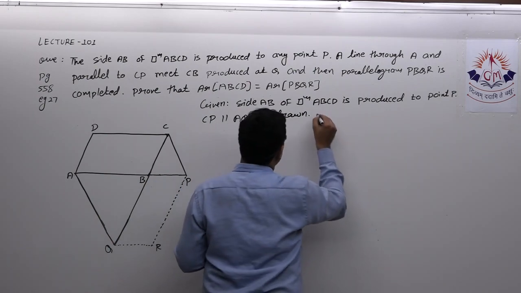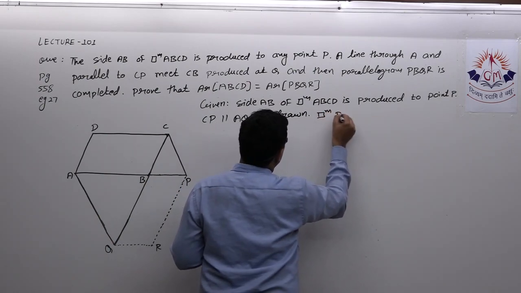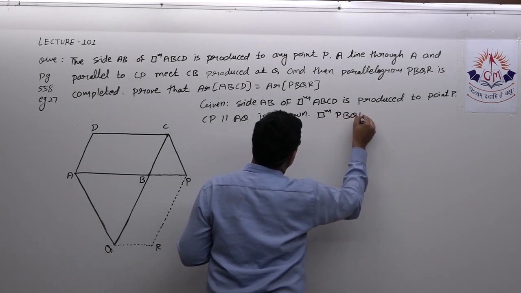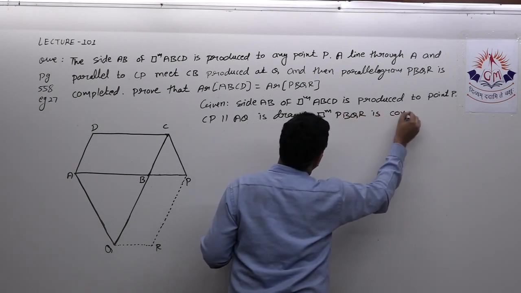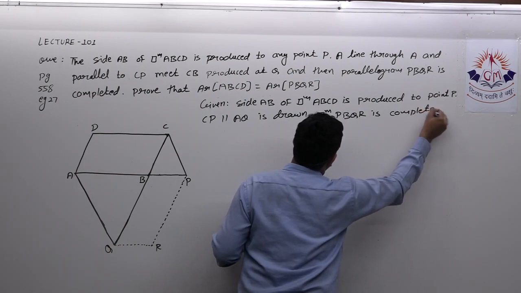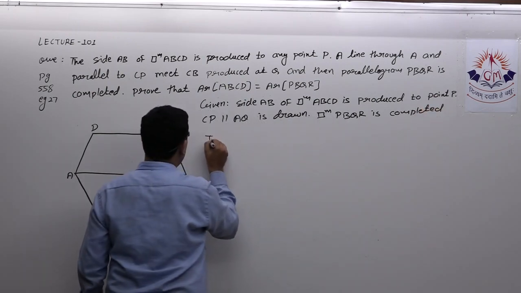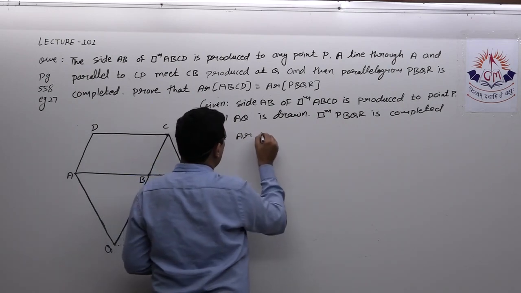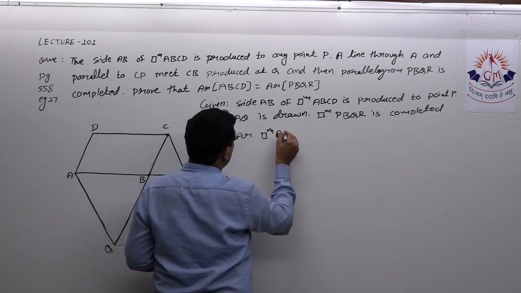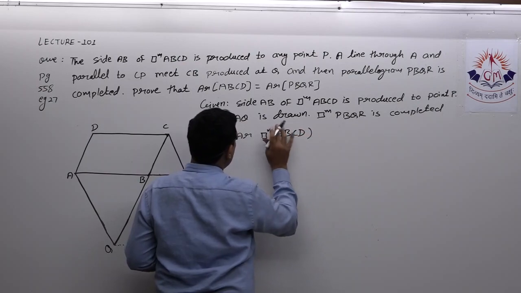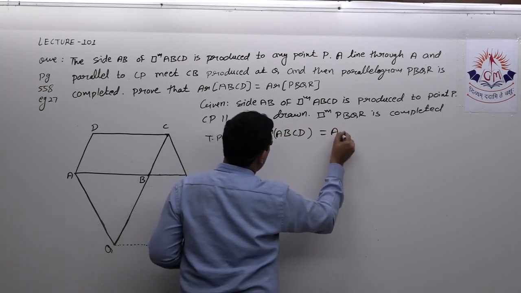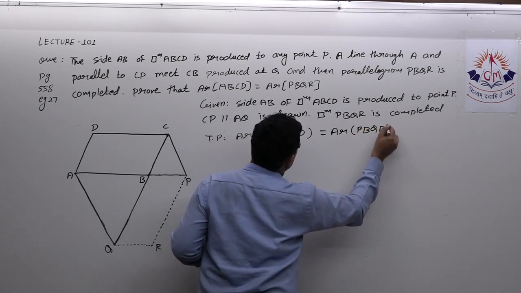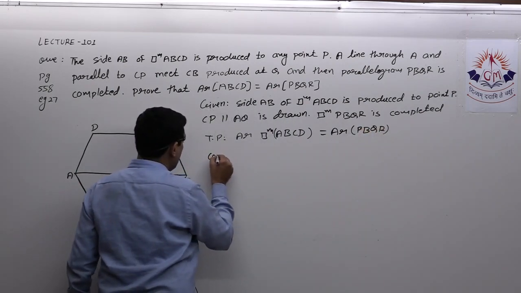Parallelogram PBQR is completed. To prove, area parallelogram ABCD, or simply area ABCD, is equal to area PBQR. Okay, a small construction is required.